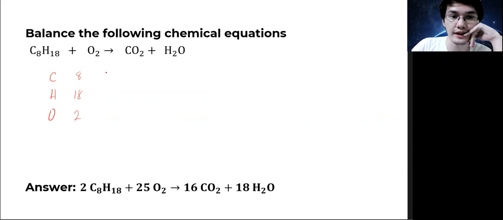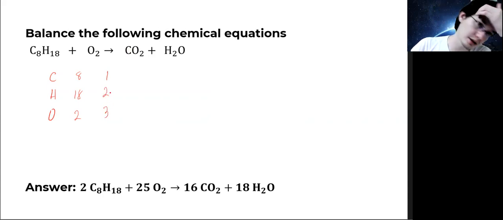For the other side, we have 1 carbon atom, 2 hydrogen atoms, and 3 oxygen atoms. So how do we balance equations?